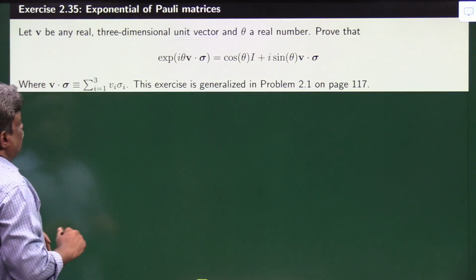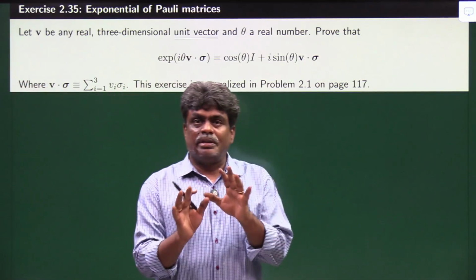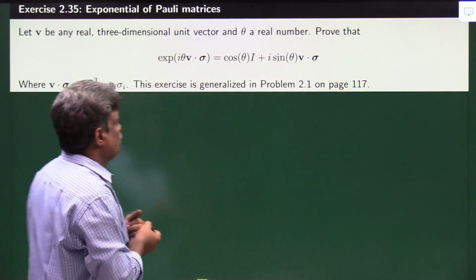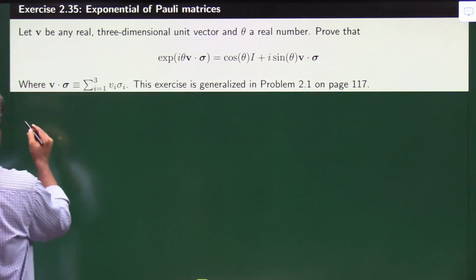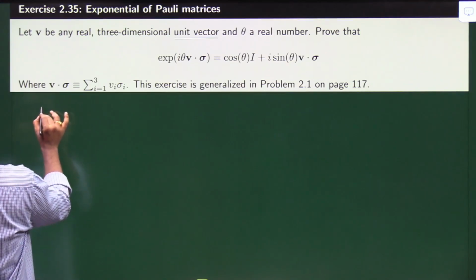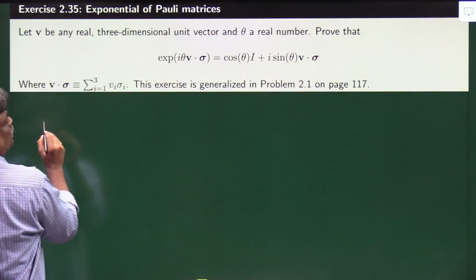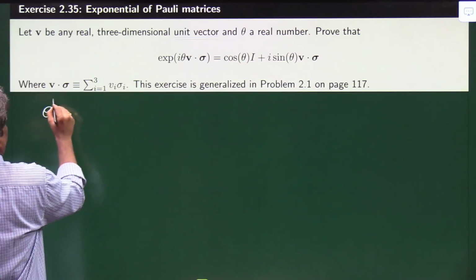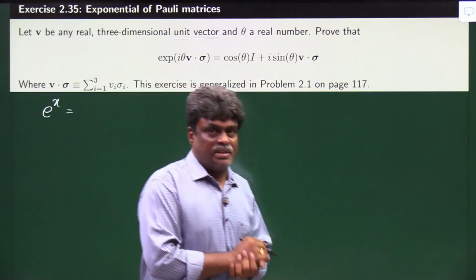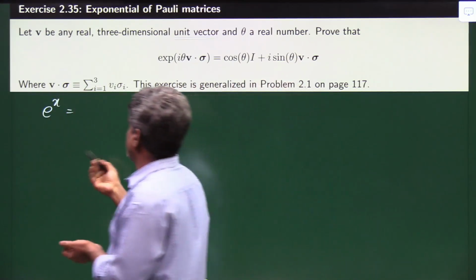Okay, so let me do it in two different methods. Whatever method you understand, you please take. Okay. So first, let me go to the mathematical expression. I hope everybody knows one thing: e raised to x expansion by using the Maclaurin series or Taylor series at the origin.